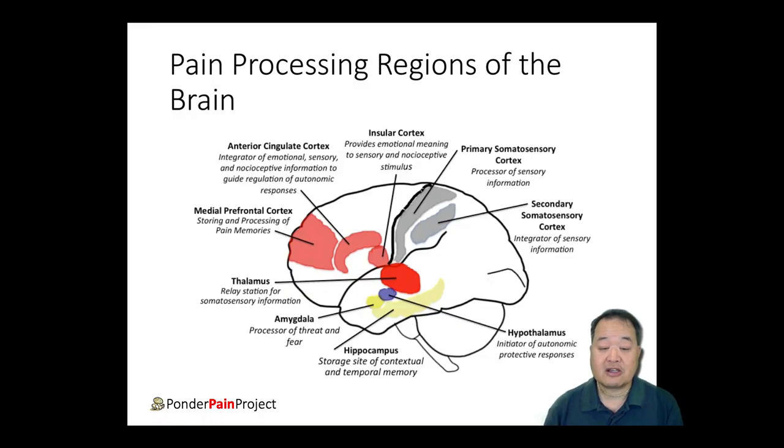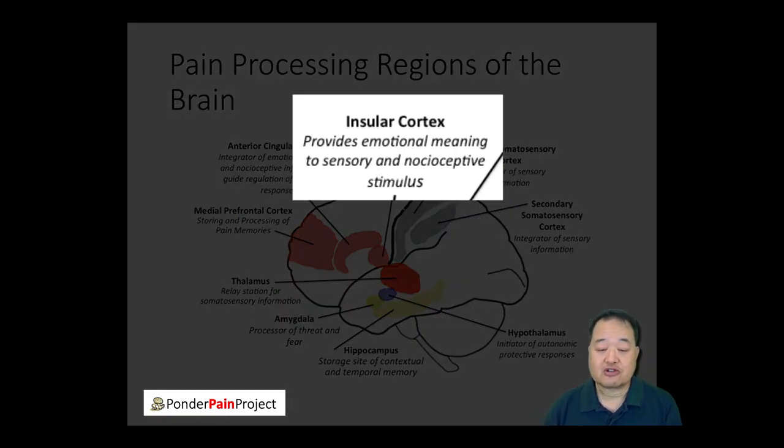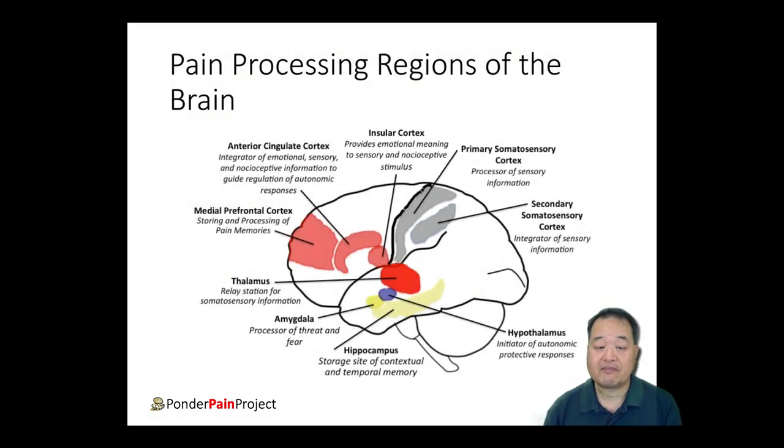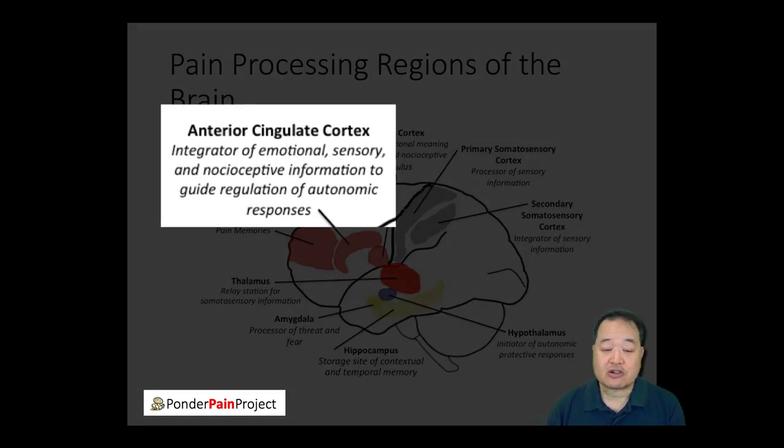But now we get to the areas that are kind of interesting because they're the components that are responsible for more of our affect and also our emotions. So the insular cortex provides emotional meaning to the nociceptive stimulus that we get. We get the anterior cingulate cortex, which is an integrator of emotional, sensory and nociceptive information, and it guides our autonomic responses.